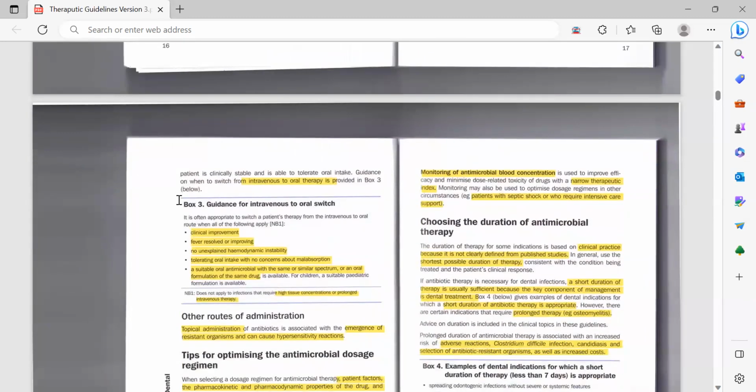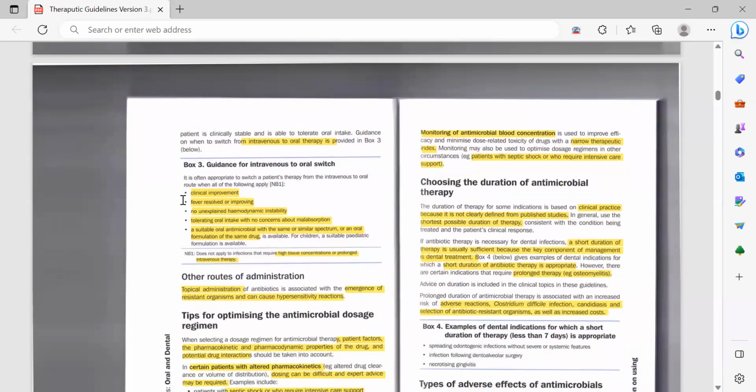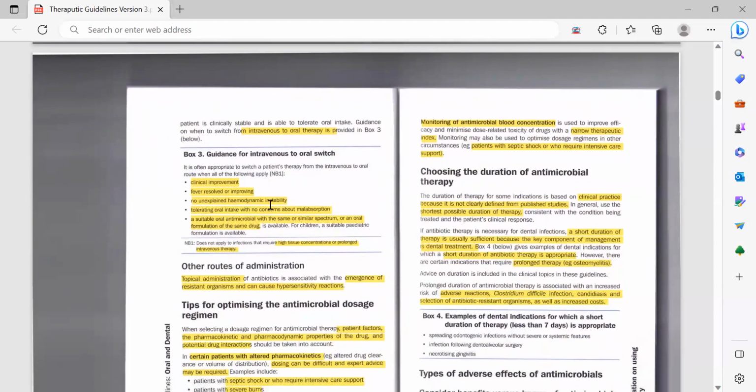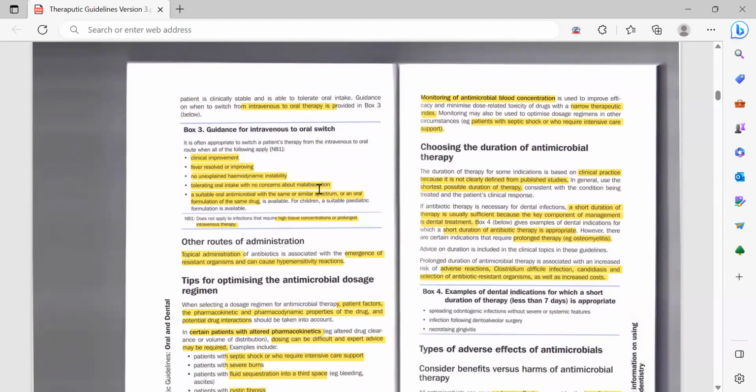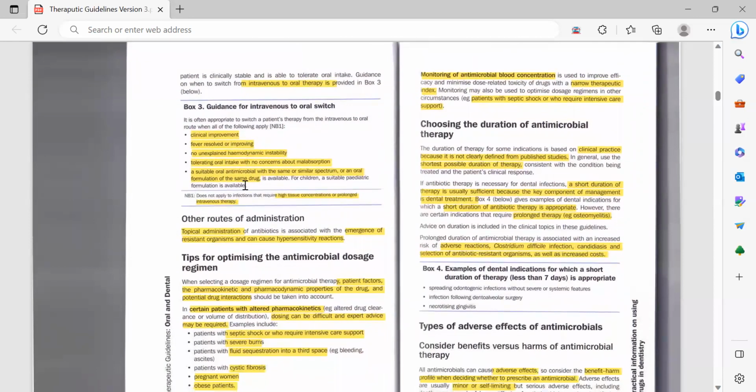Here they have given the guidance on when you need to switch the antibiotics from IV to oral. For example, if you are seeing that your patient is clinically improving, the fever is resolving or improving, no unexplained hemodynamic instability, and he can tolerate oral intake with no concerns about malabsorption, a suitable oral antimicrobial with the same or similar spectrum or an oral formulation of the same drug is available.